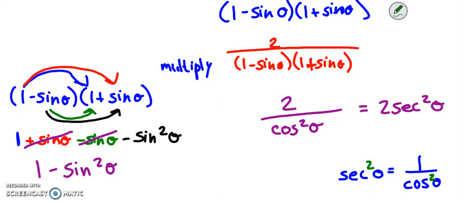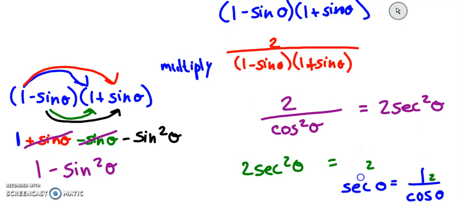So here we have 1 over cosine, which if you want to, you can say this is 2 times 1 over cosine squared. So if you have that, that means here we can rewrite this as 2 secant squared theta. And that equals this side over here, which is 2 secant squared theta. Oh my gosh. We did it.